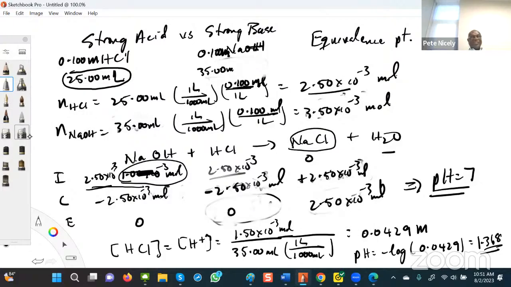That means there'll be changes in the ICE table as well. Let me put 3.50 times 10 to the minus 3 moles here. So in this case, which would be the limiting reactant?